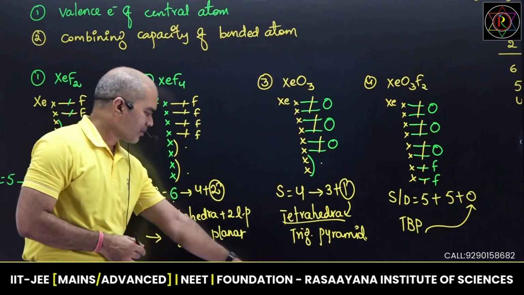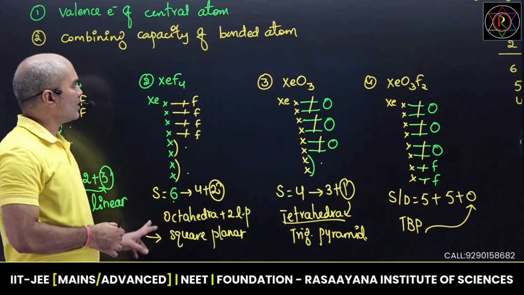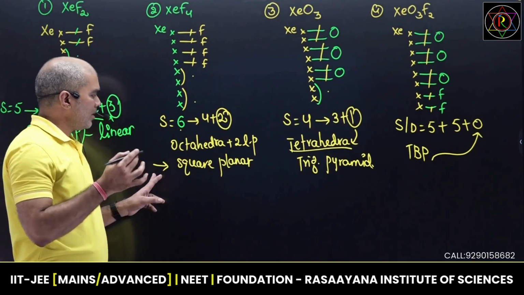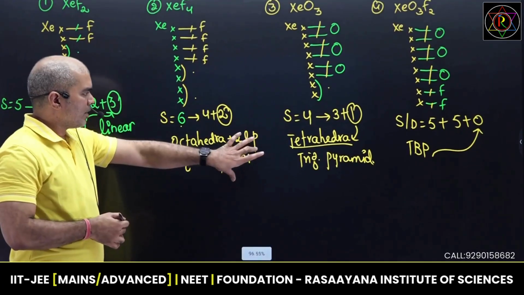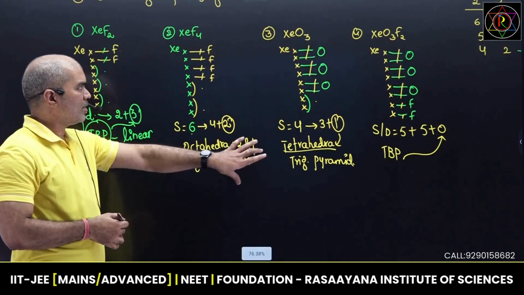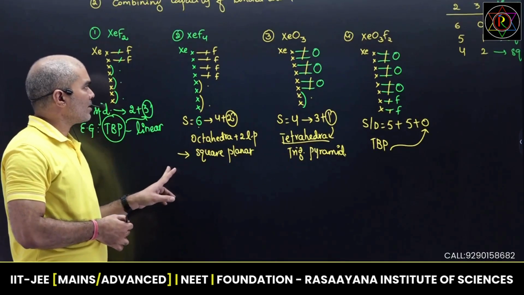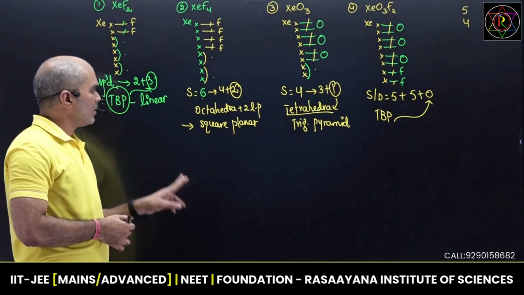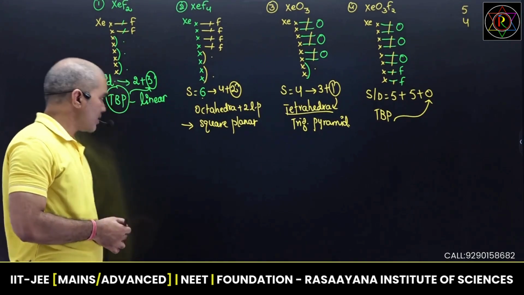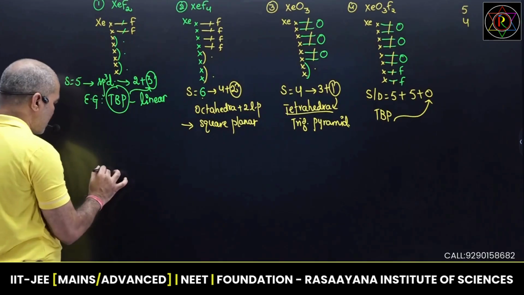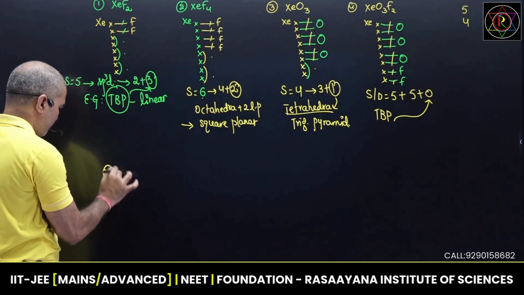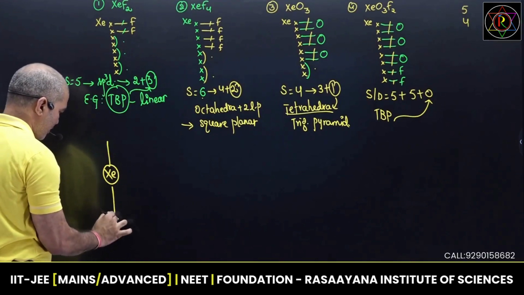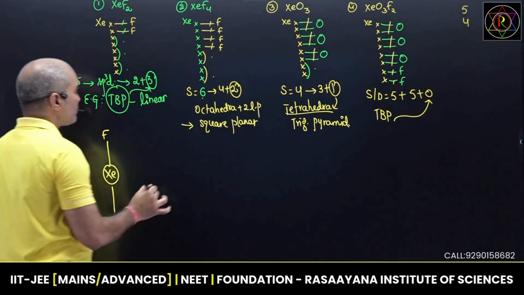Okay. So you can match in the equation. The option will be B, second option. The second option is found to be the correct answer. Let me draw the structures for you. The first one was XeF2.